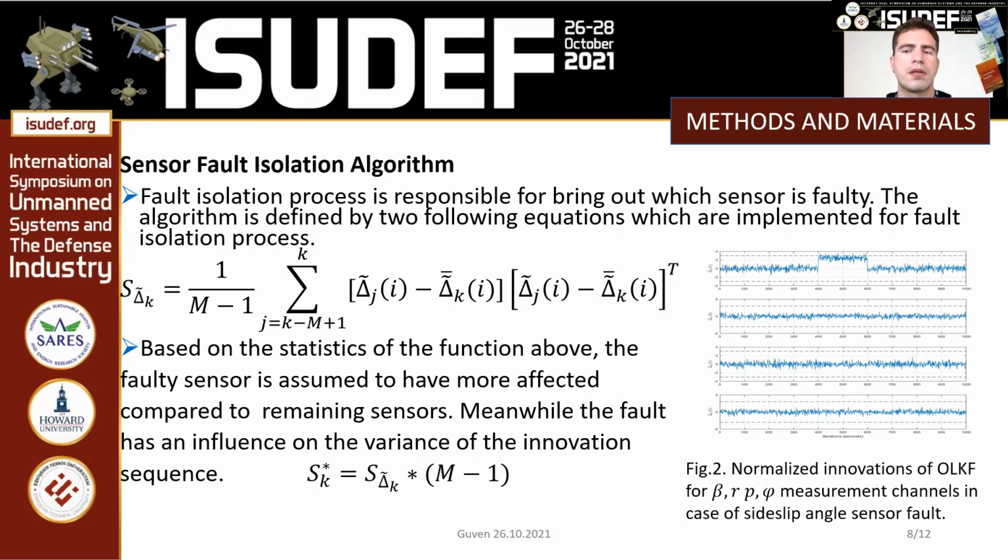Therefore, if there is an enormous change in this value, we can see the fault is isolated. Here M is the width of the sliding window. We took M here as 1.